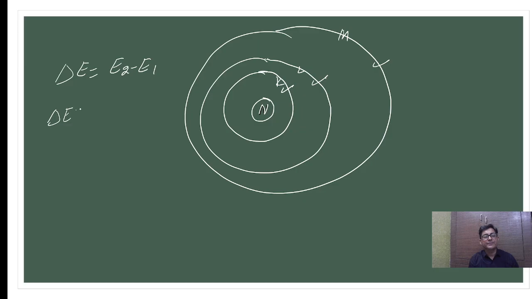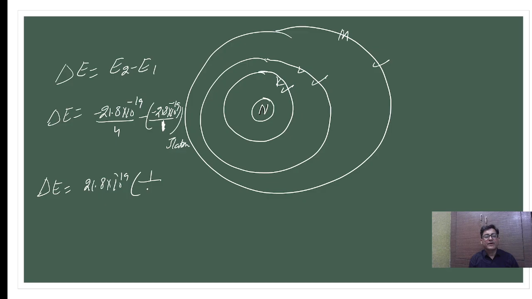So we get minus 21.8 into 10 to the power minus 19 upon 4, minus minus 21.8 into 10 to the power minus 19 upon 1, joules per atom. Delta E is equal to 21.8 into 10 to the power minus 19 times (1 upon 1 minus 1 upon 4) joules per atom.